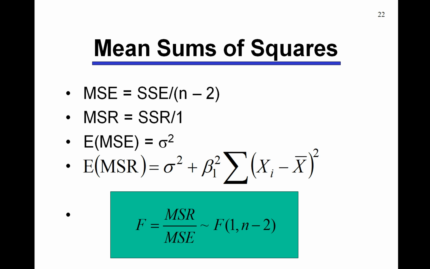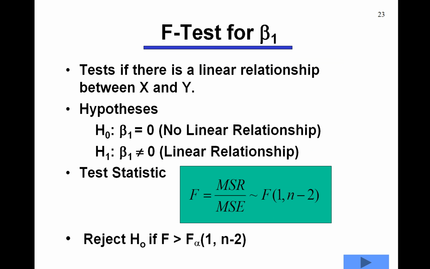On the other hand, if that value is removed from 1, then that gives us evidence that beta 1 is not equal to 0, in which case we would reject the null hypothesis in favor of beta 1 being something other than 0, which is evidence that there is a slope associated with our model, which means then that our model would be significant.